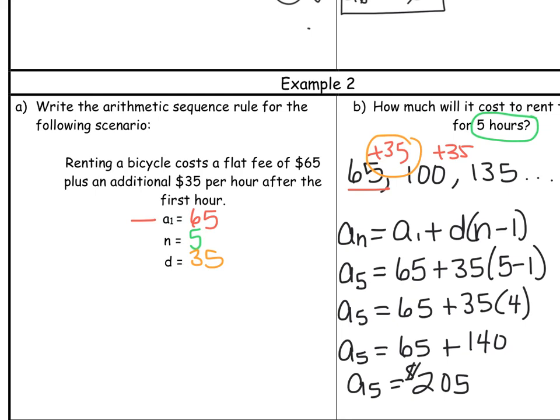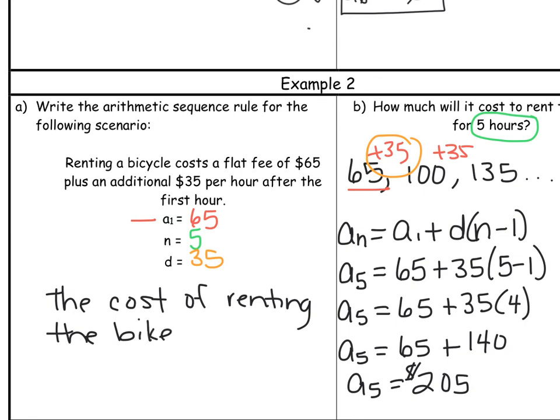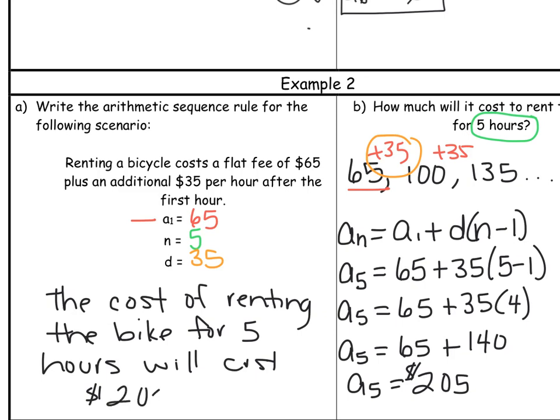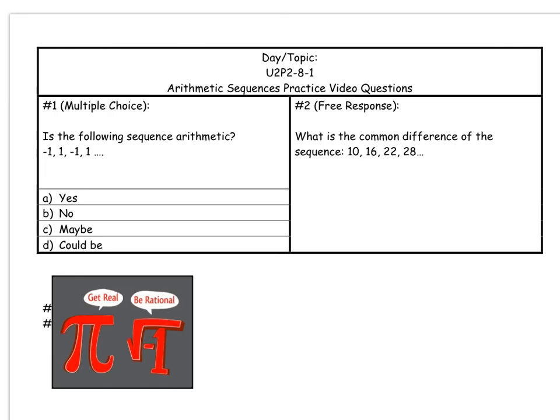So the cost of renting the bike for 5 hours will cost $205. Remember to write your answer in a complete sentence.